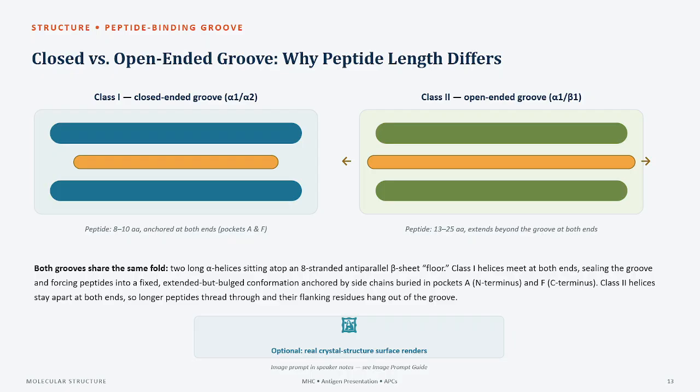So it's because of whether it's a closed-ended or an open-ended system. Both classes share a foundational fold of two long alpha helices atop an 8-stranded antiparallel beta sheet floor.